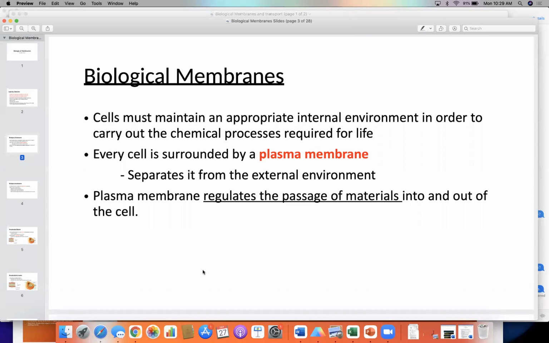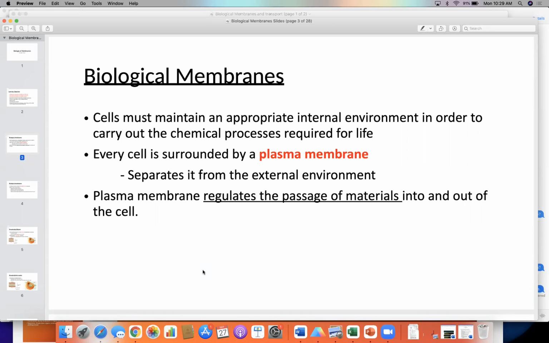Our cells are constantly undergoing chemical reactions and so forth. In order to maintain this appropriate environment for those things to happen the way that we want them to happen, we have to maintain an appropriate environment for that. And so biological membranes are at the root of that being able to happen.